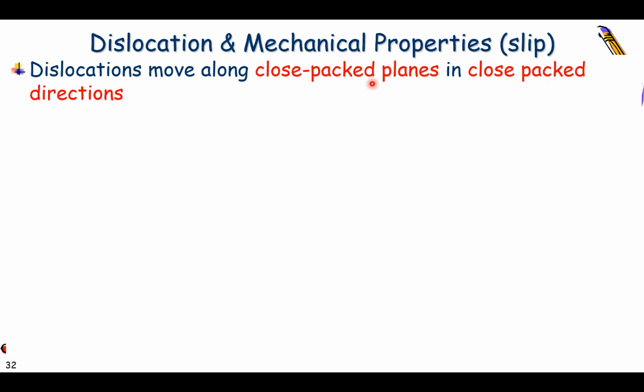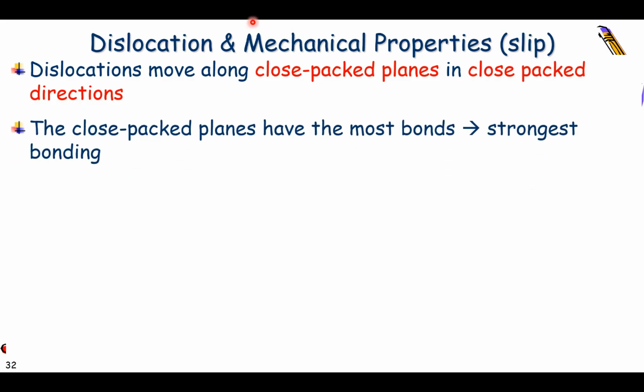Once you have a close-packed plane and you want to move, you need to move along the close-packed directions. What does that mean? We will explain this with figures. The close-packed plane has the most bonds, the strongest bonding, because it is very dense.